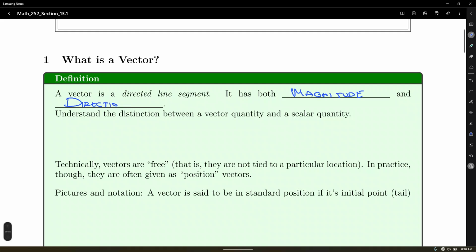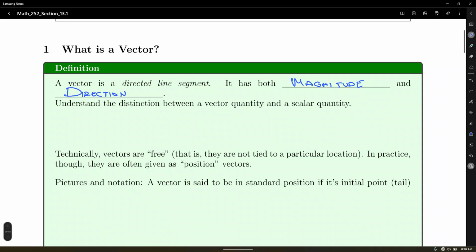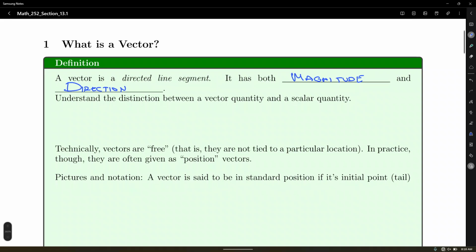So how are these different from the quantities we already work with? Well, number one, we need to distinguish between two kinds of quantities: scalars and vector quantities. Believe it or not, you have already worked with both of them, but mostly with scalars.